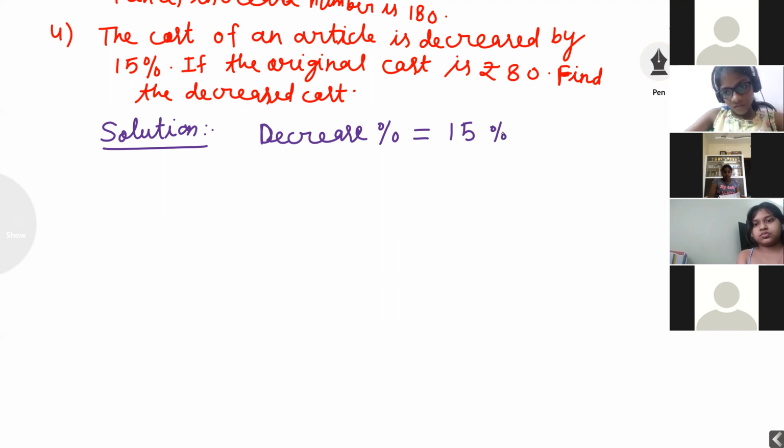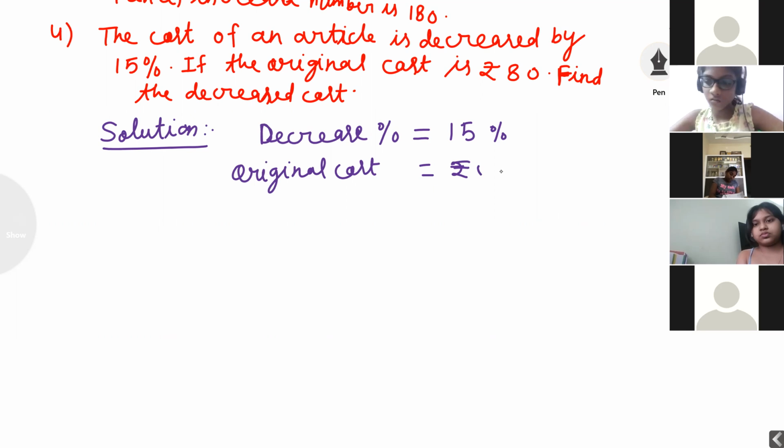Original cost is equal to rupees 80. Firstly, I want to find out the decrease amount.